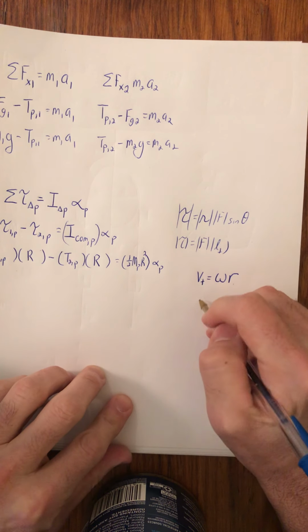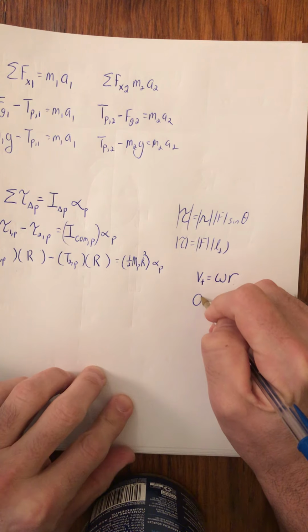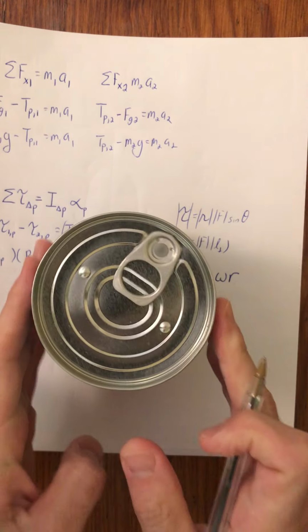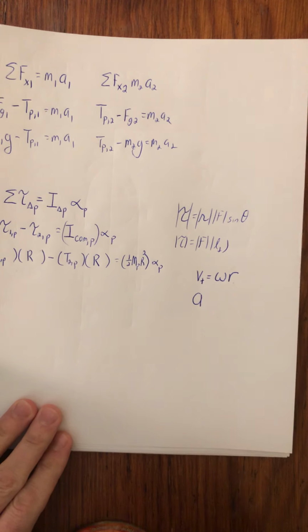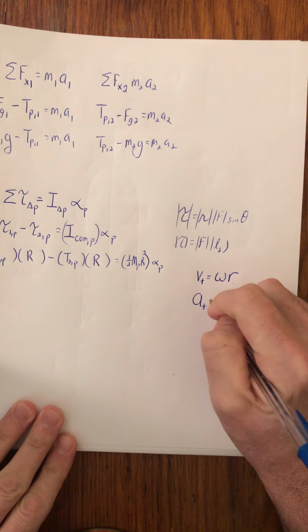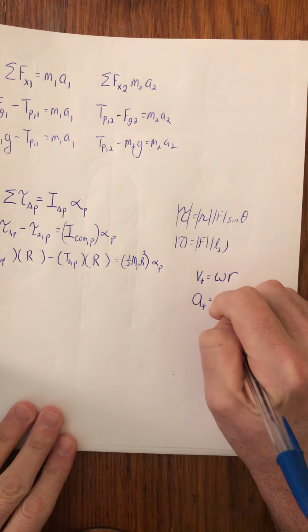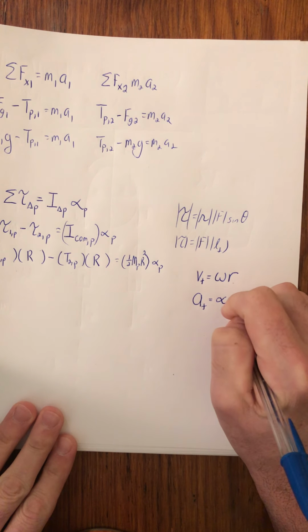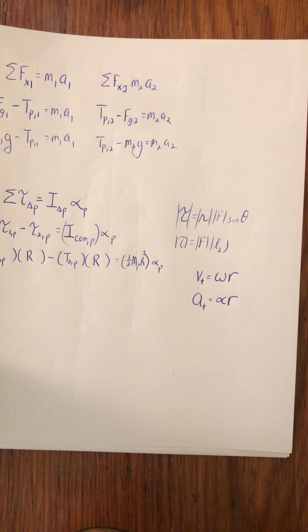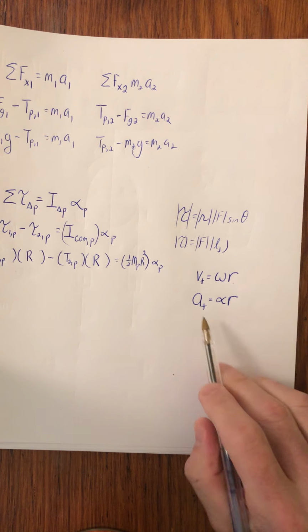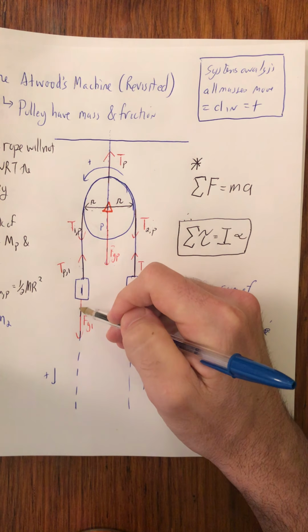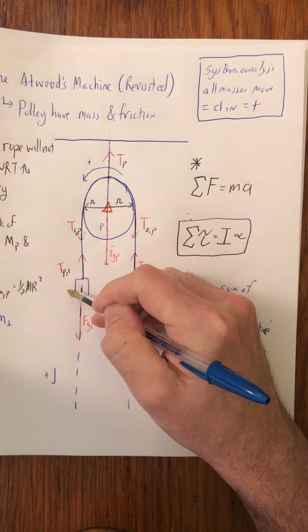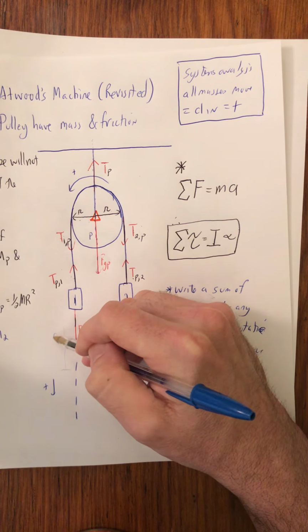And very similarly, folks, the acceleration of those points, if this thing had an alpha, then each of these points is also speeding up. It has a tangential acceleration that would be equal similarly to alpha times R. And this is going to be our key, because if you think about it, coming back down here, the acceleration linearly of this object down, so let's say this object moves down a distance of d.